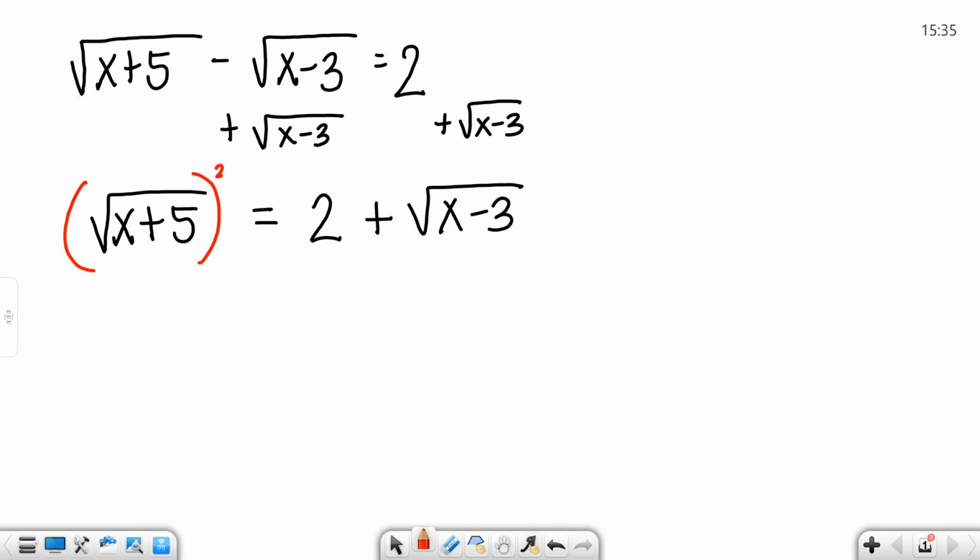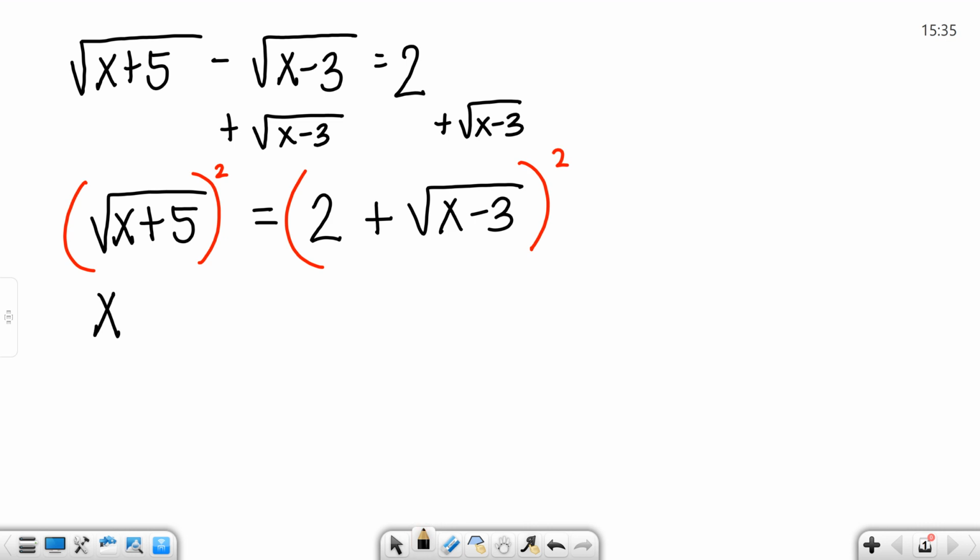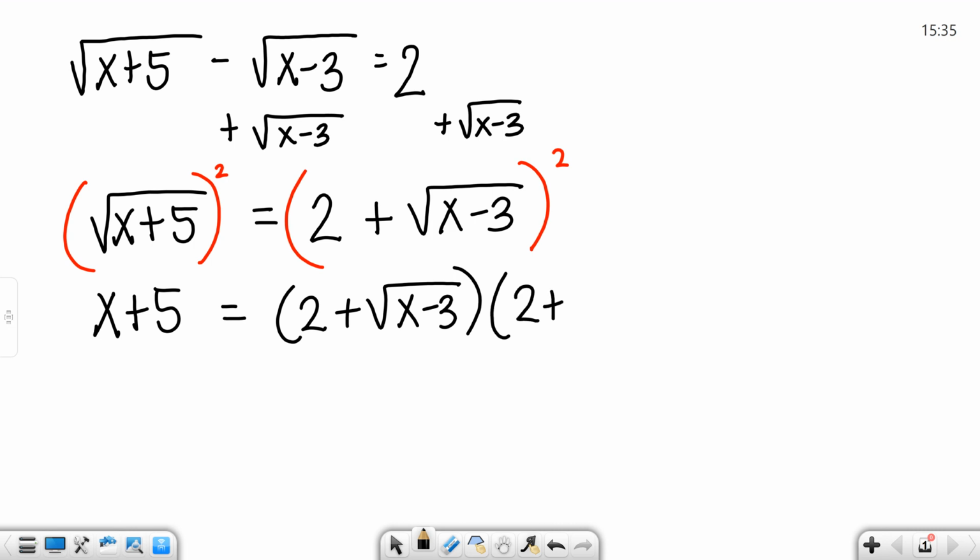Be careful here, it's where we can make lots of mistakes. When I square the left-hand side, I do get just x plus 5. But over here, on the right, I must do FOIL, okay, distribute. All right, so I'm going to bring this x plus 5 down.